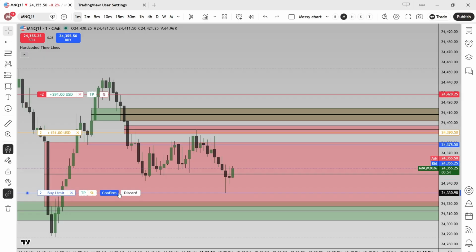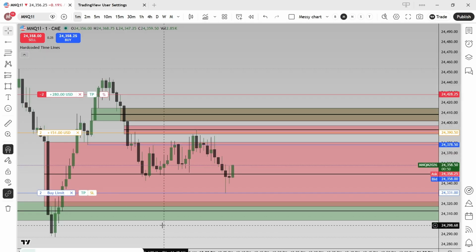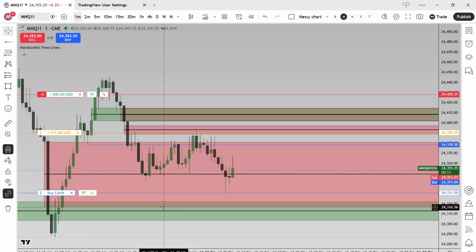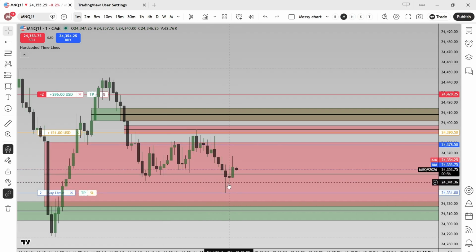I'll move my TP here. It's expected to run against that swing low before it takes it out.